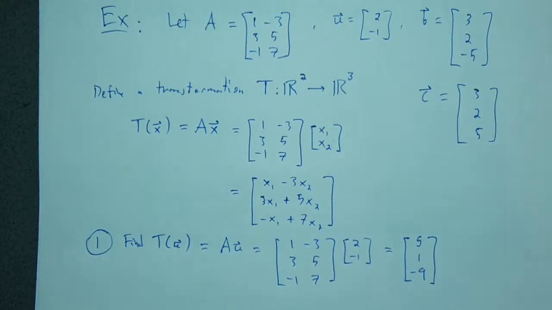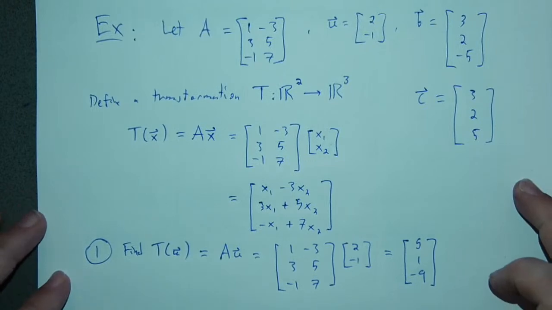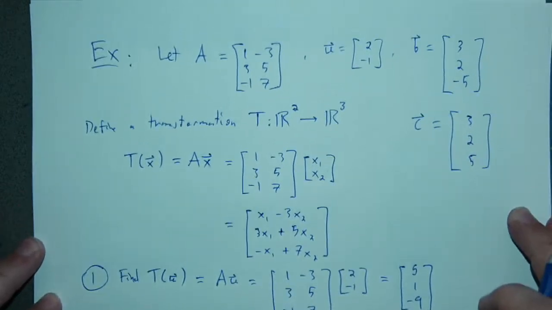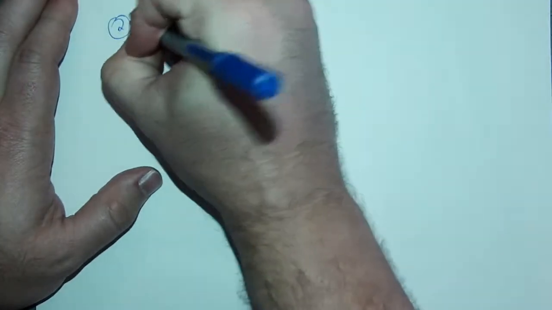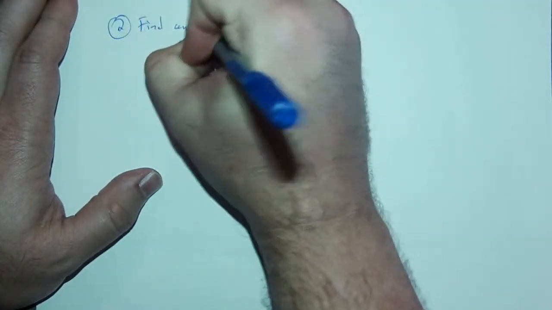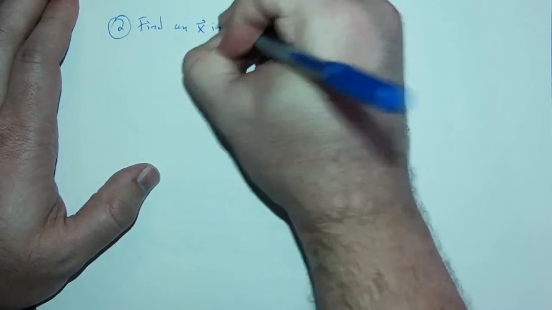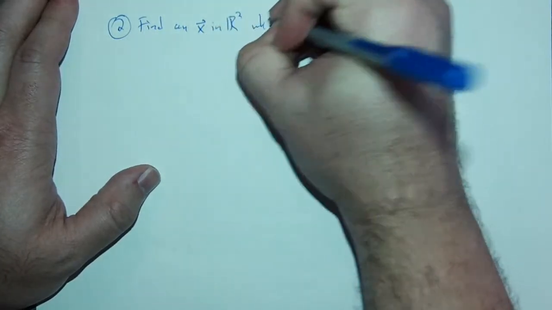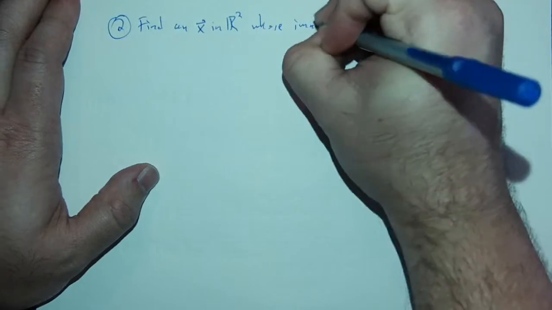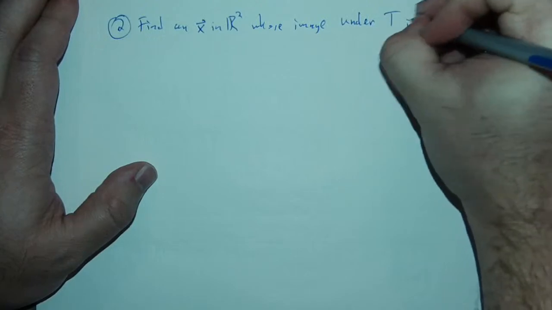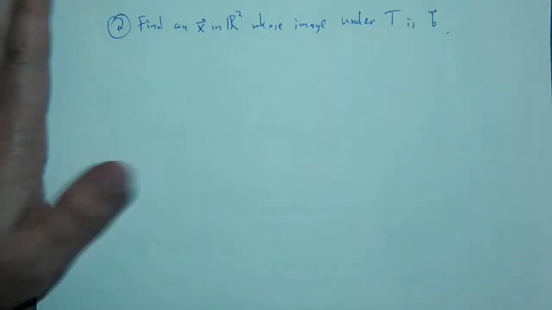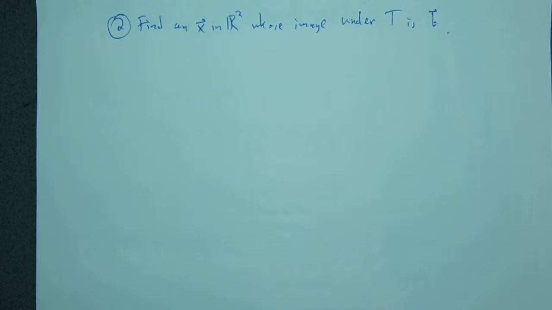Okay. All right, so here's another question. In fact, maybe I'll ask this on the next page just so I have more room. So second question, find an x in R2 whose image under T is b. Okay. So how do I do that?